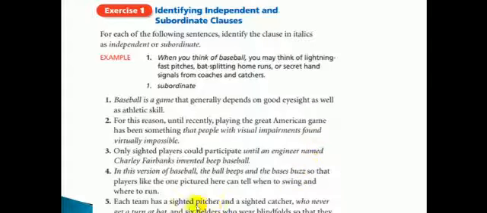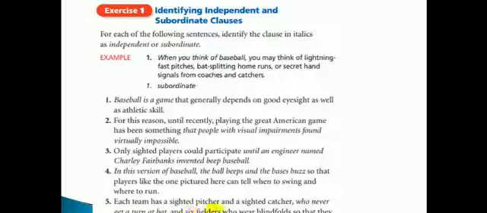Number 5: Each team has a sighted pitcher and sighted catcher. That's exactly an independent clause. Who never get a turn at bat. Who is a relative pronoun, that's why this clause is a subordinate clause.